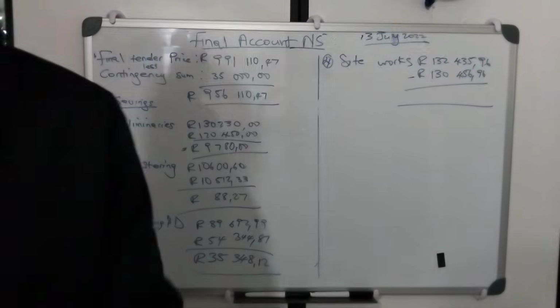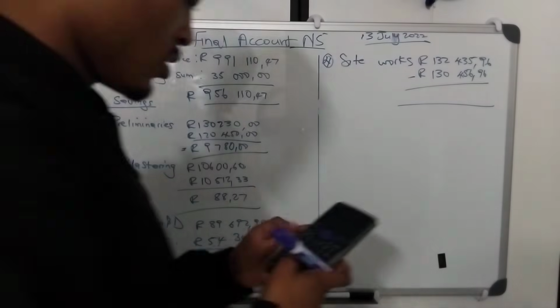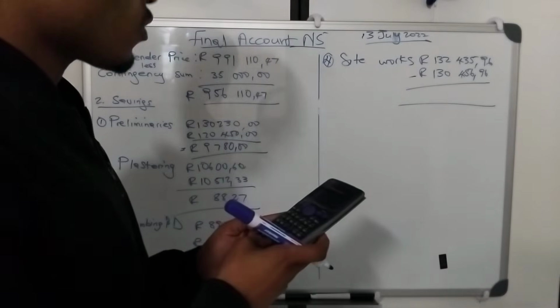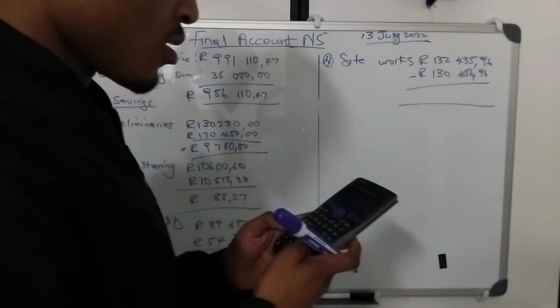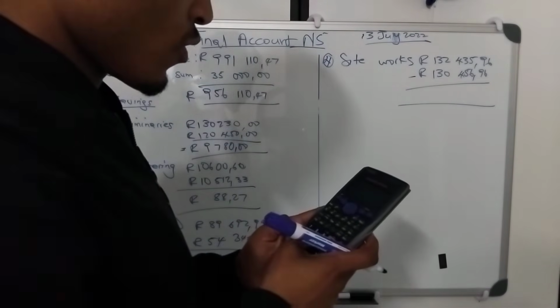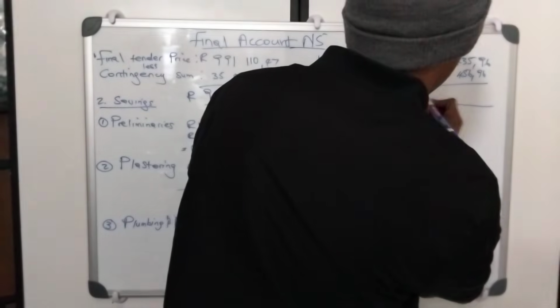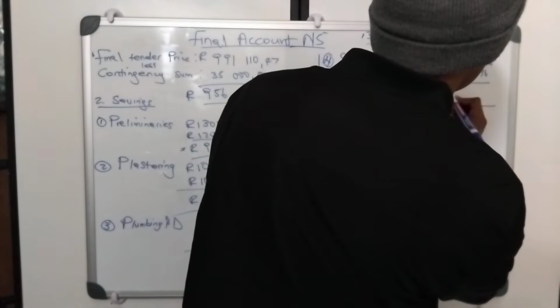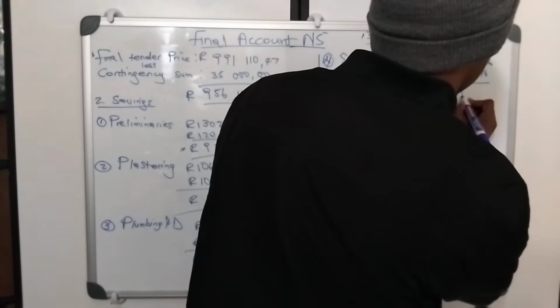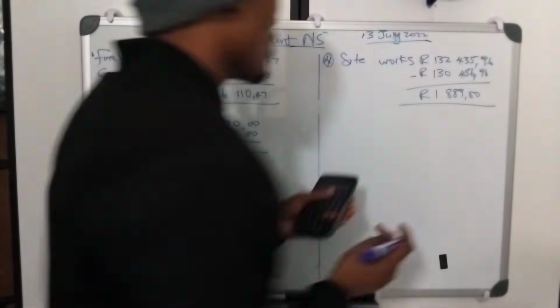Okay. Then we punch 132,435.96 minus 130,456.96 gives us 1,889 rand. No cents. Okay.